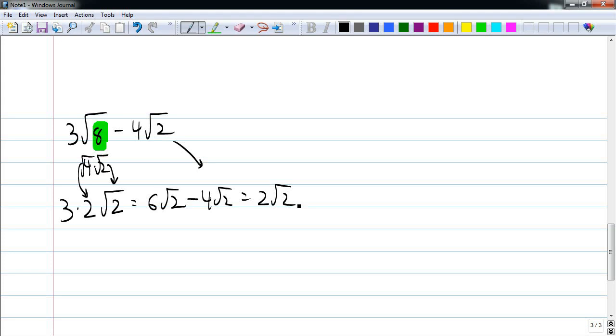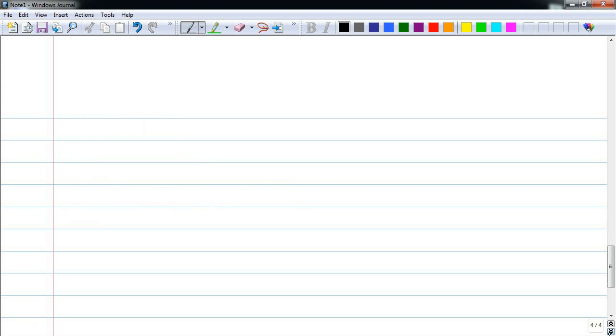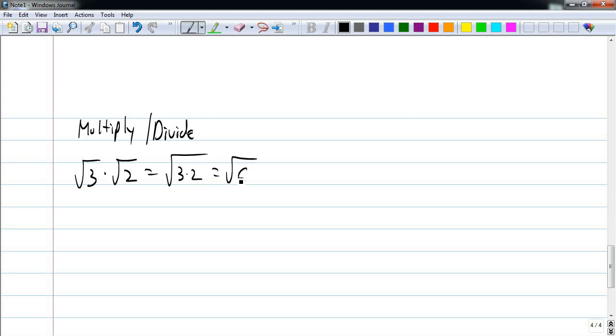Okay, so simplify your radicals and then combine like terms. When you're adding and subtracting radicals, the name of the game is like terms. The good news about multiplying and dividing is that all of the things you want to be able to do when you add and subtract, you can do when you multiply and divide. I have square root of 3 times square root of 2. I can just put those under the radical and multiply them together: radical 6.